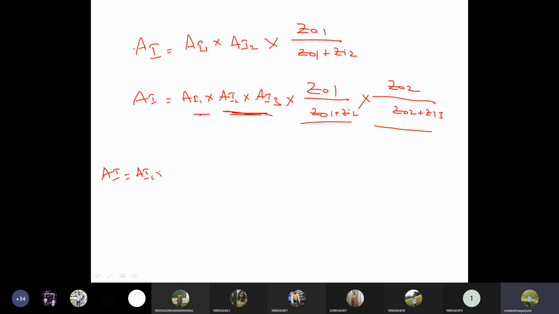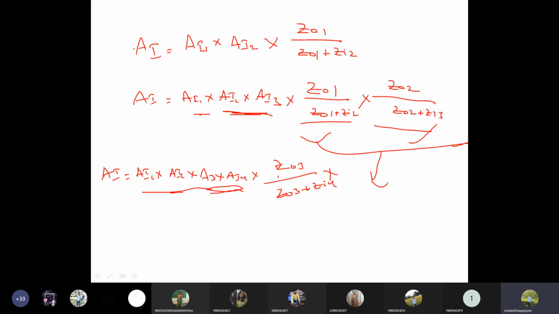AI equals AI1 into AI2 into AI3 into AI4 into what? What comes here? Z01 by Z01 plus Zi2, from second to one, the first term comes. Second, Z02 by Z02 plus Zi3, when going from I3 to I2, this term comes. Next, from AI4 to AI3, Z03 by Z03 plus Zi4. Excellent. So these terms will also come here. So this is the current gain. Okay, voltage gain is over, current gain is over.